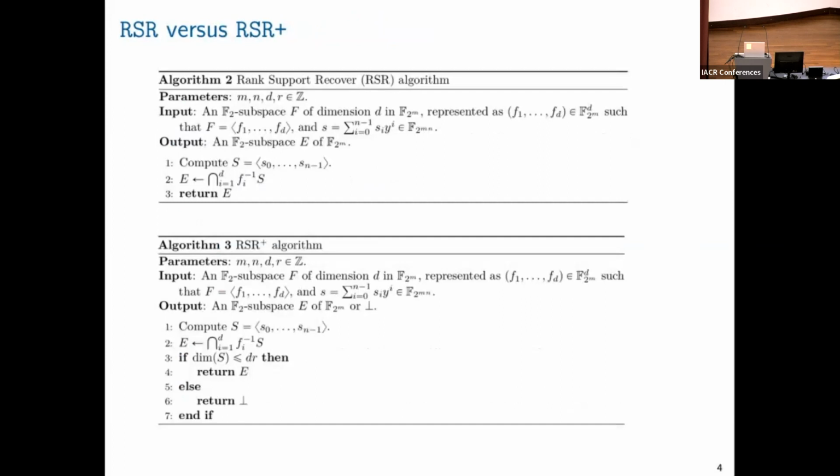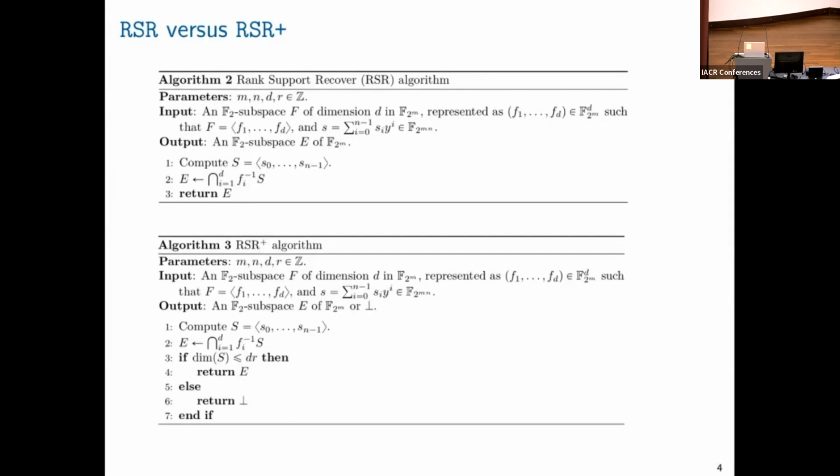Now on the top you can see the description of the RSR algorithm. Basically, there are several F2^m elements, F1 to Fd, and also S0 to Sn-1. The goal is to compute the intersection of Fi inverse times big S, where big S is the span of S0 to Sn-1.